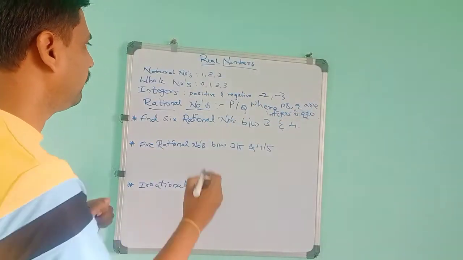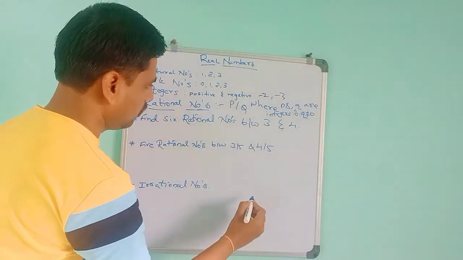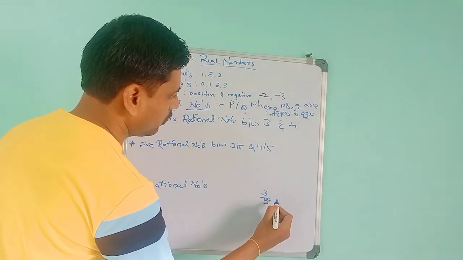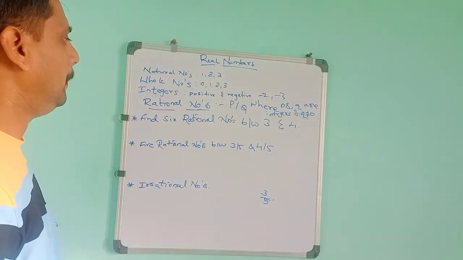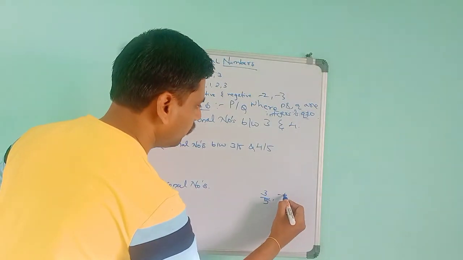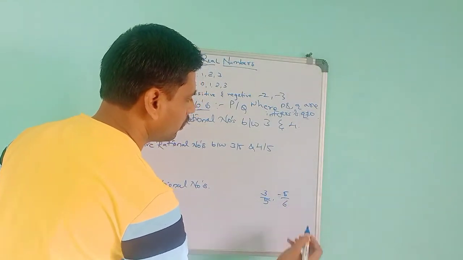That is the condition for rational numbers. For example, you can take 3 by 5. You can take -5 by 6 also, because it is p by q.